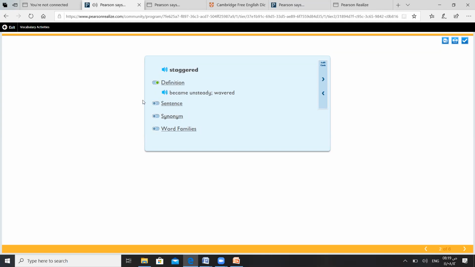So when something is moving and unsteady, we call it staggered. Staggered is unsteady. Sentence. They staggered under the weight of the heavy costumes. Staggered means not steady, they were moving.